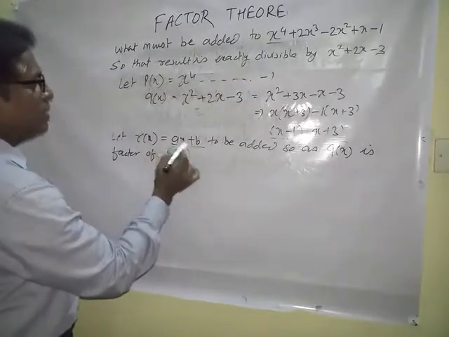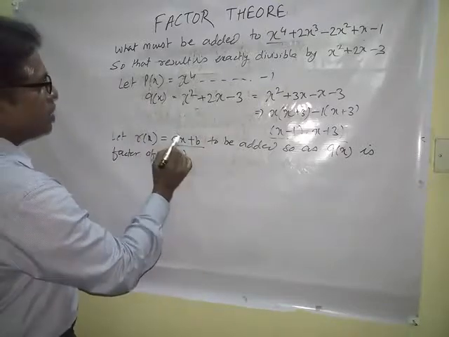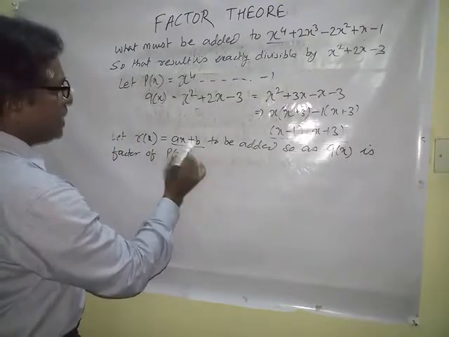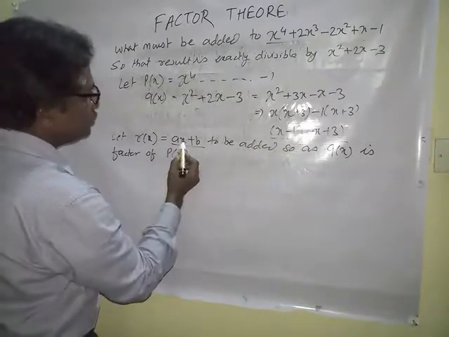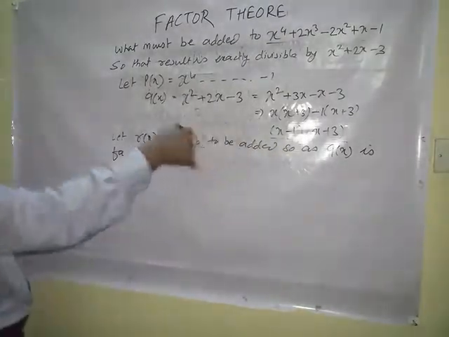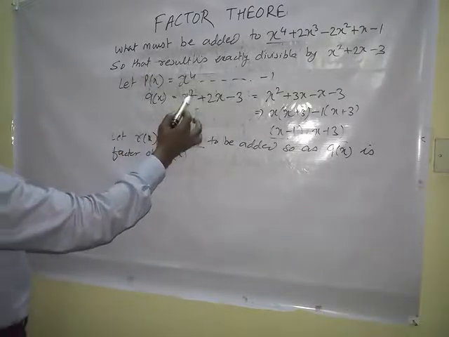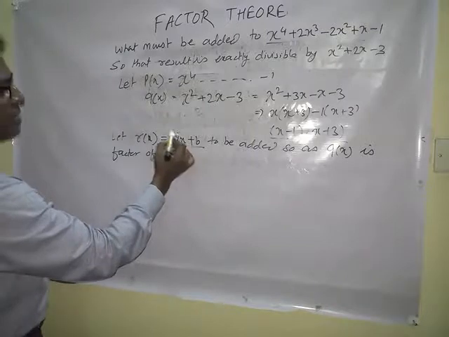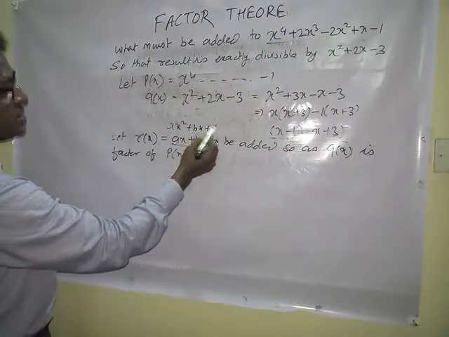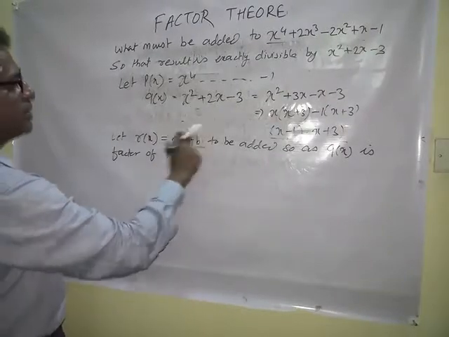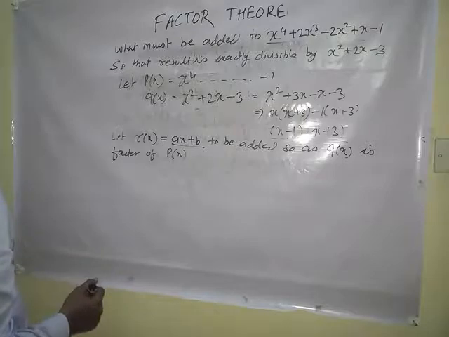I want to tell you again, because here the divisor has degree 2. That is why you will add ax plus b. If it would have been only x minus 1, then only one constant you would add and you will get the thing. So remember, if it is having degree 3, then you will add something like ax square plus bx plus c. Okay, so remember that. Don't get confused on this aspect.